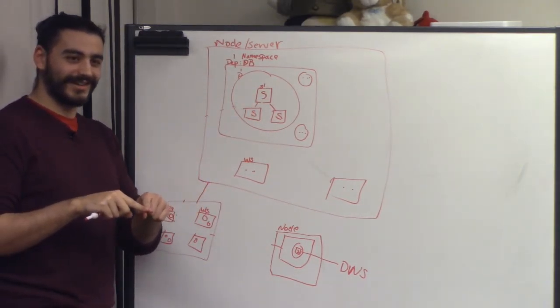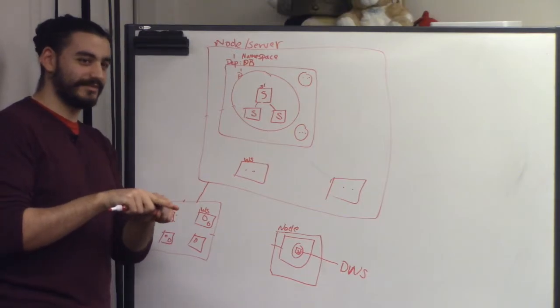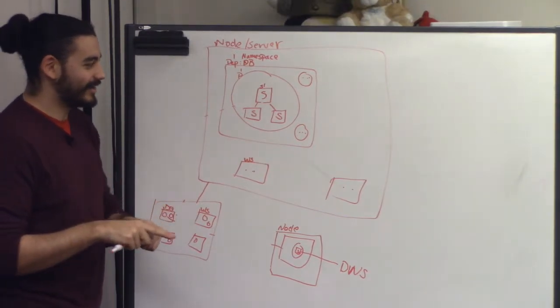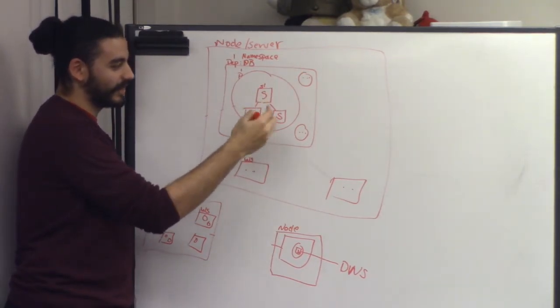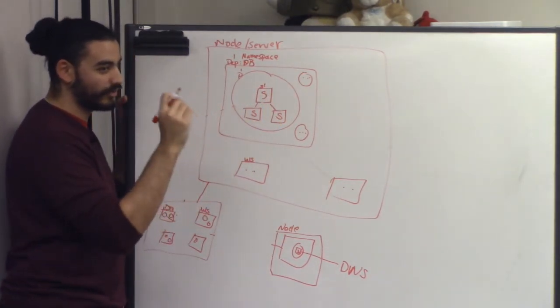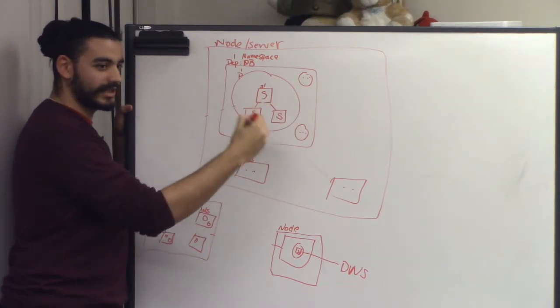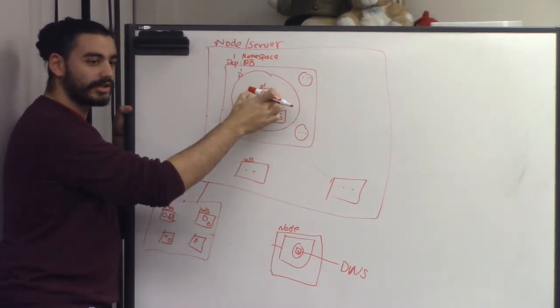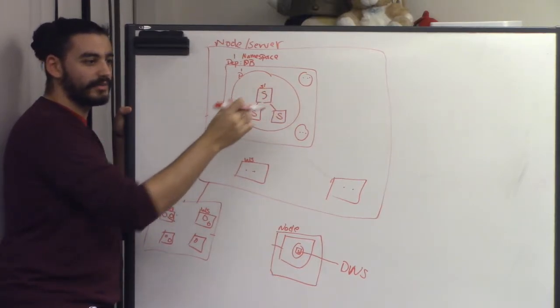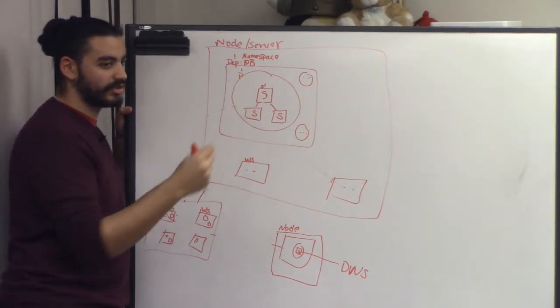A container is like a virtual machine, but not really. As you can imagine, in this node, there are several. The only thing that's actually physical are the services. The services are physical because these are actually running on the machine, and it's something that's real. Everything else is just logical.